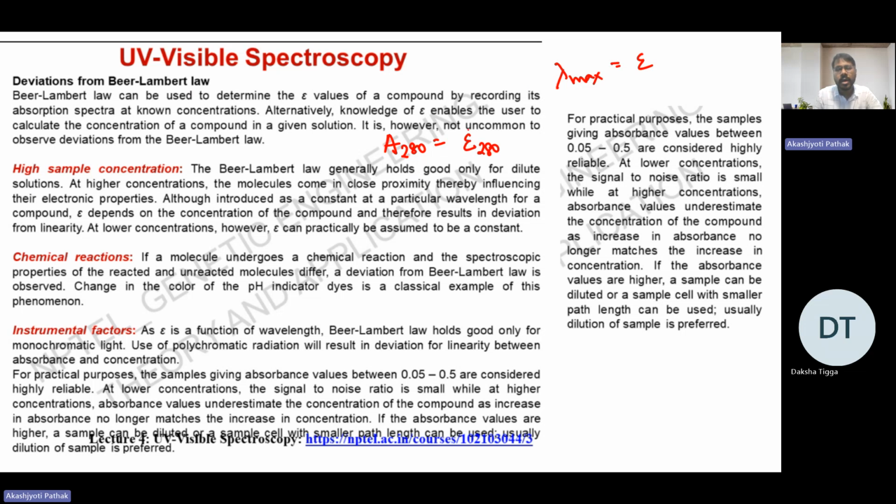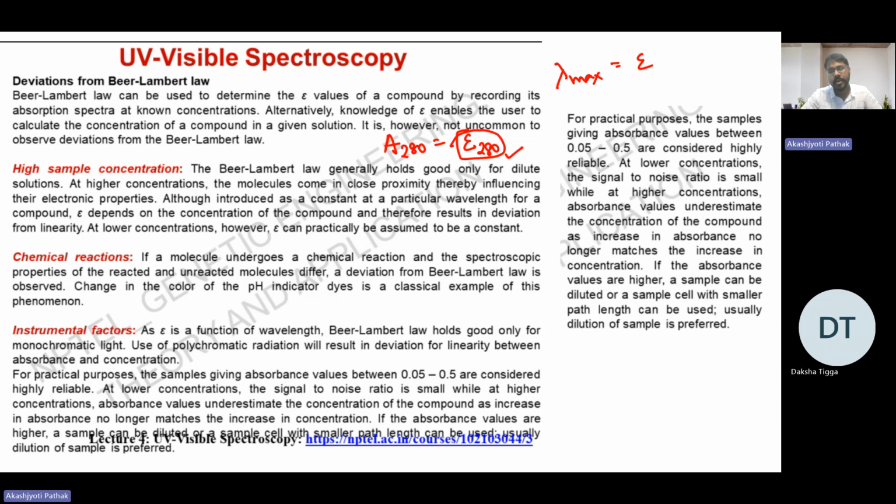All these give you the particular molar extinction coefficient at 280 nanometer. Utilizing that, you can get the absorbance at 280 nanometer, and each protein has a particular molar extinction coefficient that will depend on the tryptophan and the tyrosine residues present in your protein.